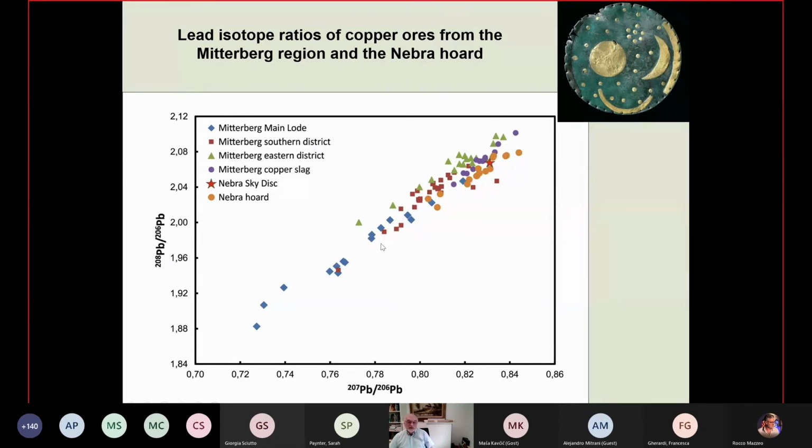And if we had not analyzed the Mitterberg ores also isotopically, we would never have thought that these objects, the yellow or brown ones here, the data points from the other neighborhood, that they all are from the same deposit.